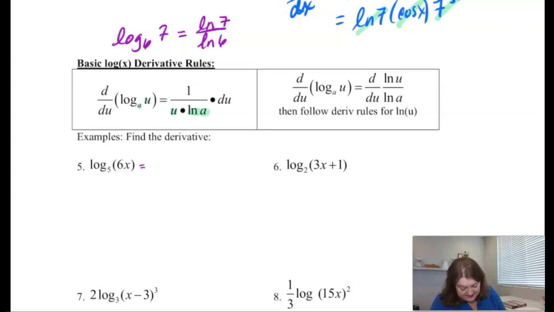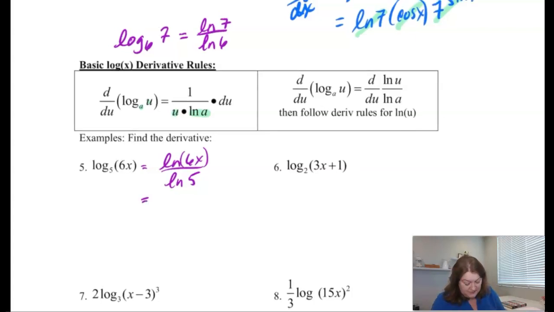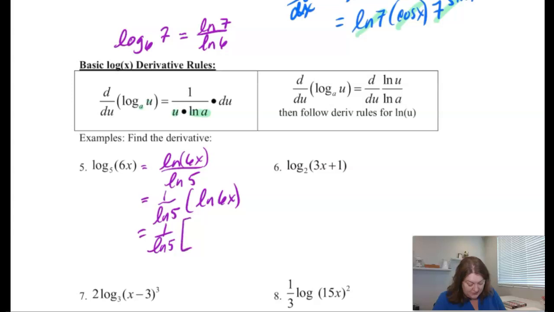I'm going to call this ln of 6x over ln of 5. Now remember, ln of 5 doesn't have an x with it, so that's just a constant. So this is really just 1 over ln of 5 times ln of 6x. Don't like that, I can expand it out one more time, and I could call it 1 over ln of 5, and then I could do ln of 6 plus ln of x, and now the only place that I really have to take a derivative is right there.